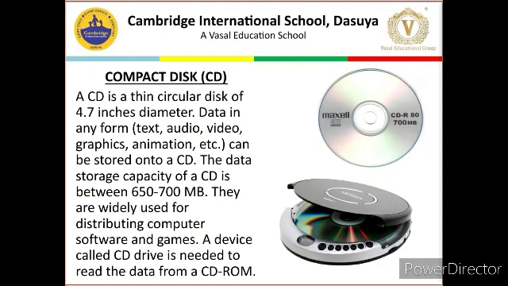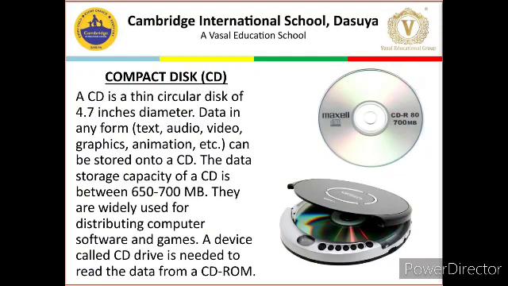Move on to the next device, compact disc, commonly known as CD. It is a thin circular disc of 4.7 inches diameter. Data in any form can be stored onto a CD. The data storage capacity of a CD is between 650 to 700 MB.